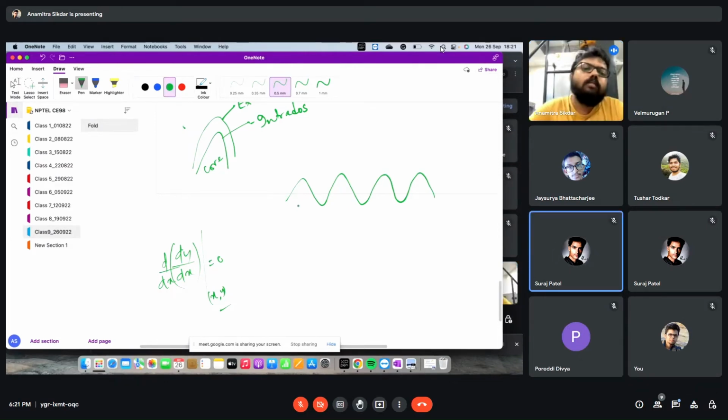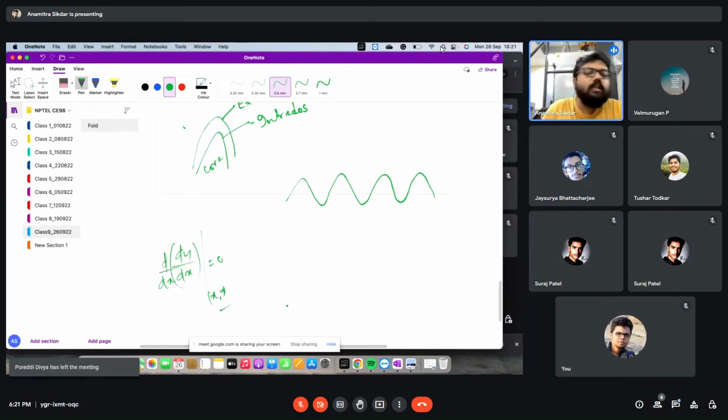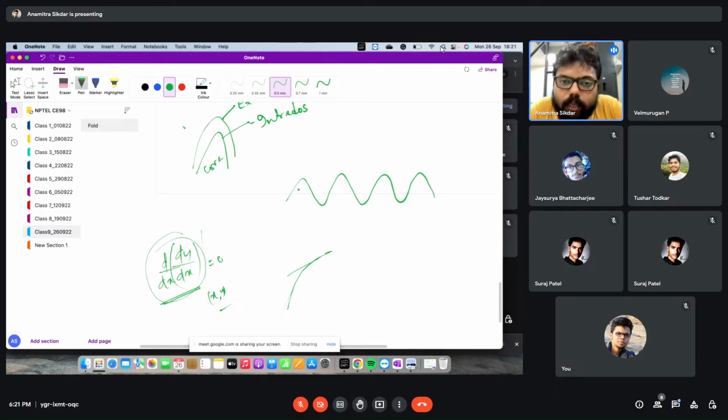No, sir. Okay, so suppose this is any curvature, it's increasing, right? Here the curvature is getting decreased, and the change of the slope of this line will be given by this operator d/dx, right? And if it becomes 0, which means that when you are traveling from the bottom to the top, here the curvature is increasing, and somewhere the slope is maximum, then again the slope is decreasing, right?